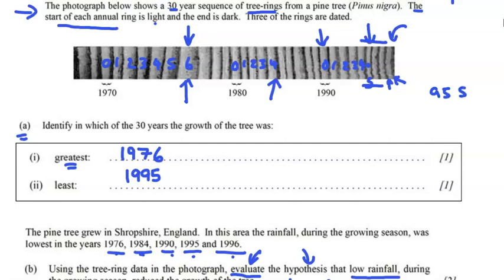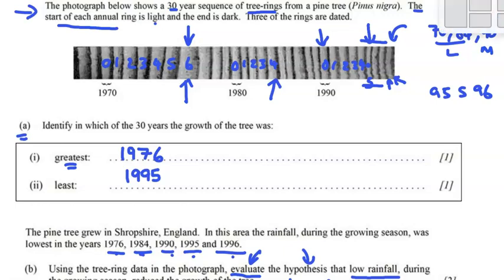96 also appears to be small, but 76, 84, and 90, well, those two were large, and let's call that a medium-sized ring there.